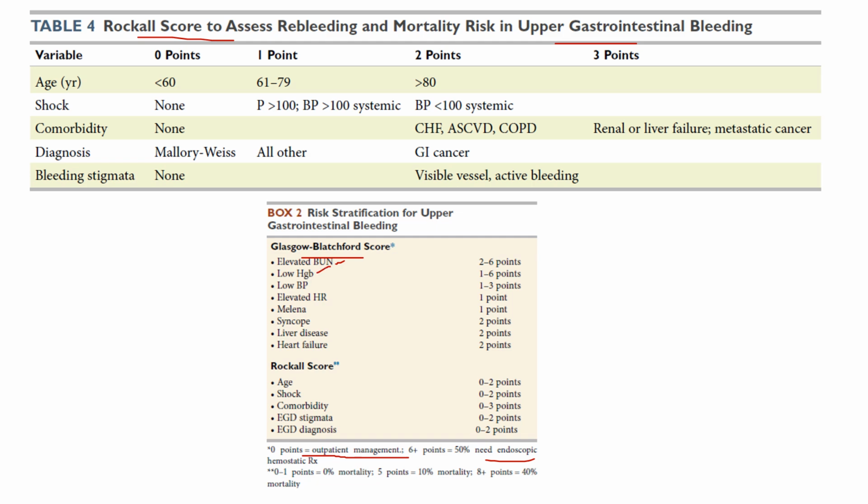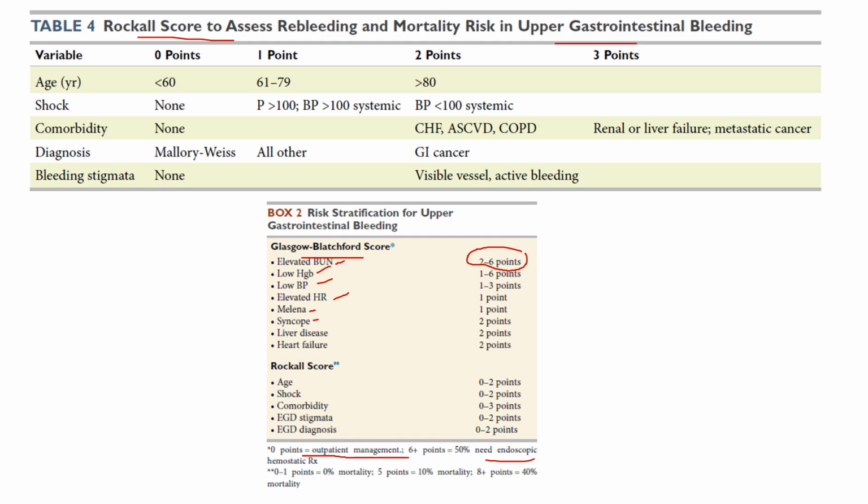Low BP, elevated heart rate, which again indicates dehydration, and melena each account for only 1 point. Mainly it is urea, okay, and low hemoglobin.